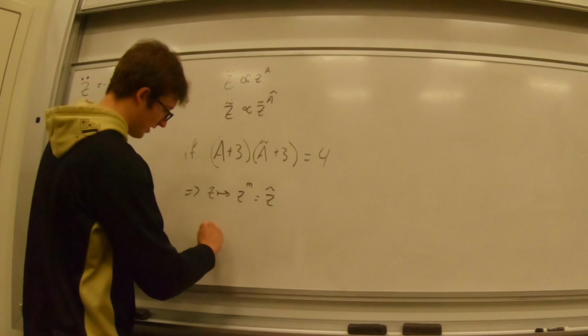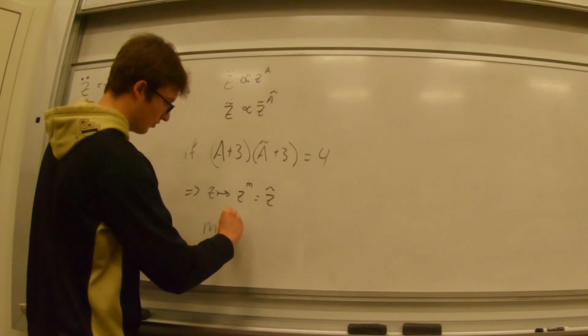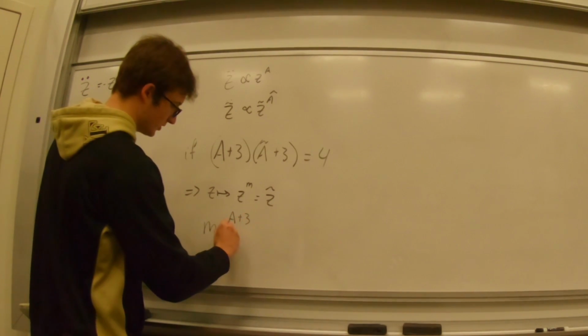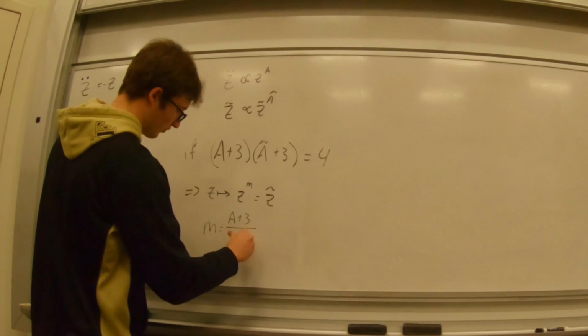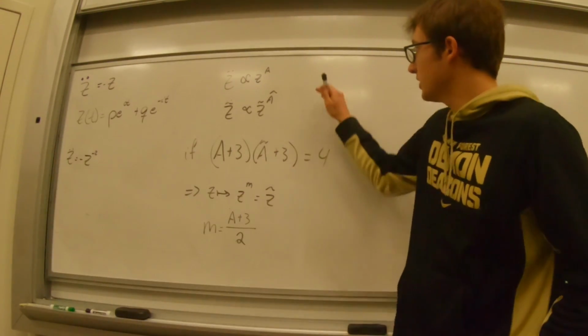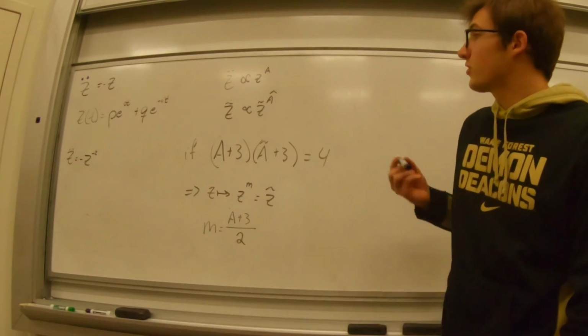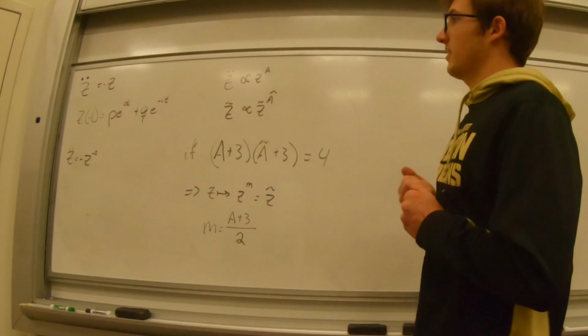And particularly, he says m is equal to a plus 3 all over 2. So this is particularly what we're concerned with here. So let's just check for this equation here.